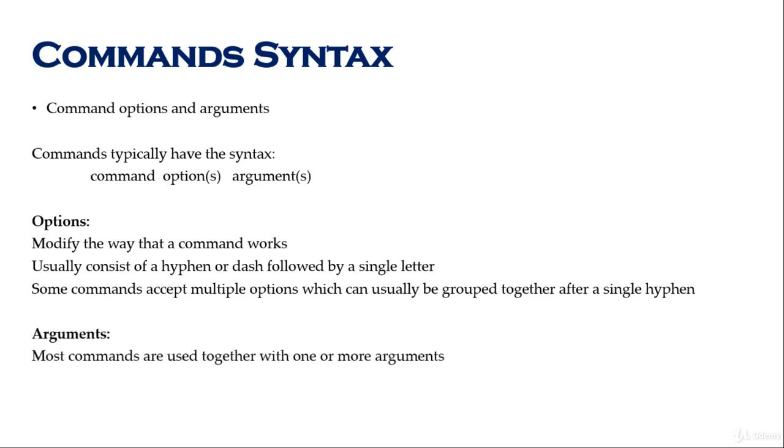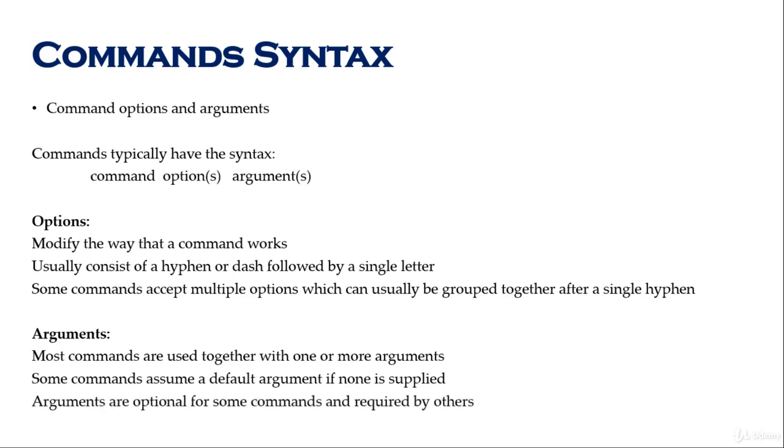Most commands are used together with one or more arguments. Some commands assume a default argument if none is supplied, and arguments are optional for some commands and required by others. Let's look at our Linux machine and I will explain exactly how the command syntax works.